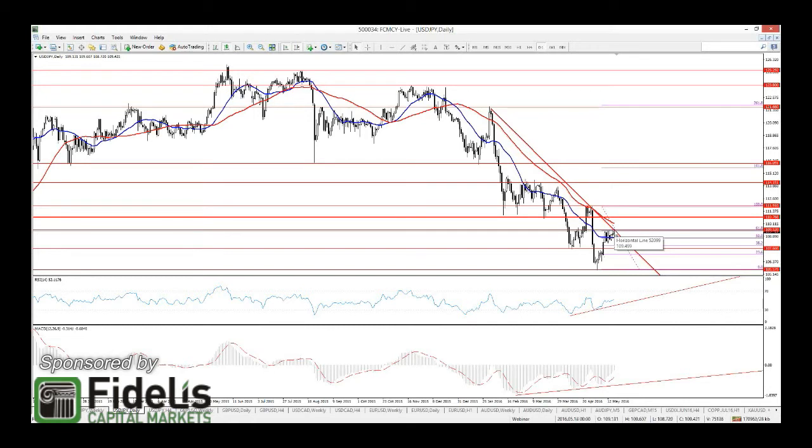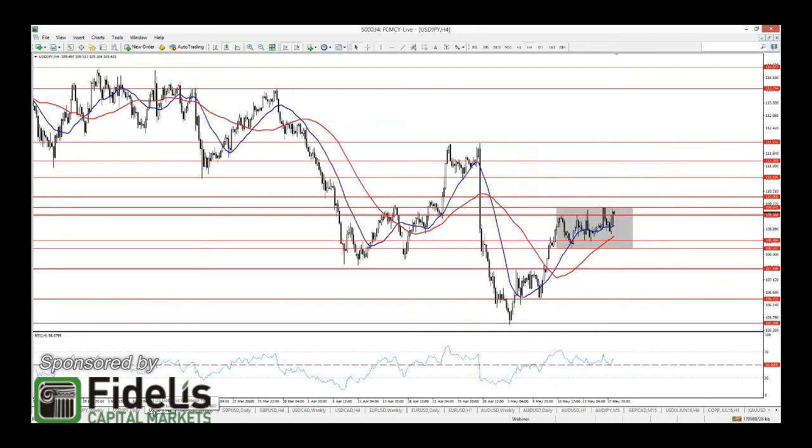The technical picture is not so clear, so we will need to go to the lower time frame to get a better idea. I would also like to mention that we can see a bullish divergence on both RSI and MACD in the intraday time frame.